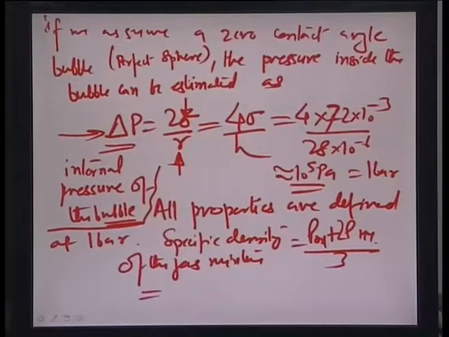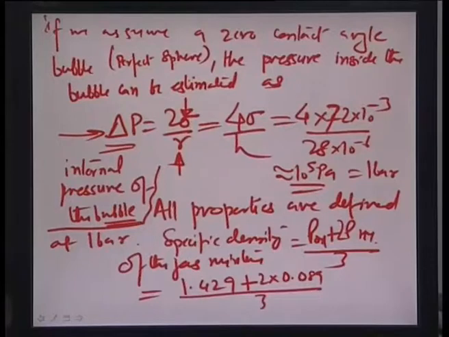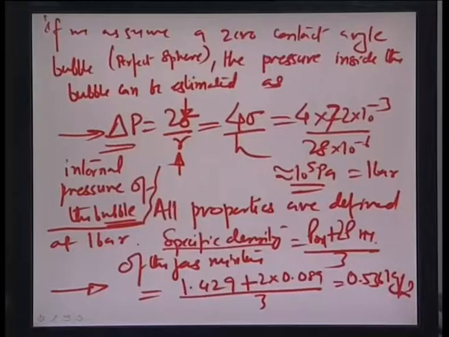So this comes out to be 1.429 kg per meter cube plus 2 times 0.089 kg per meter cube, by 3, which is about 0.536 kg per meter cube. That is the specific density of the gaseous mixture in this particular case.